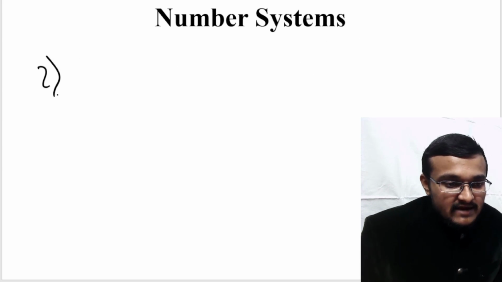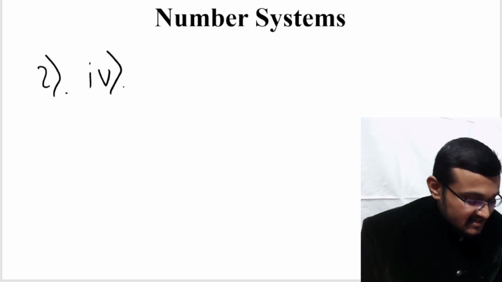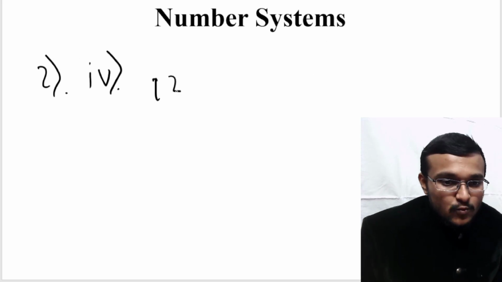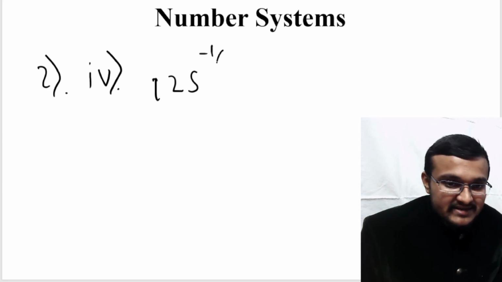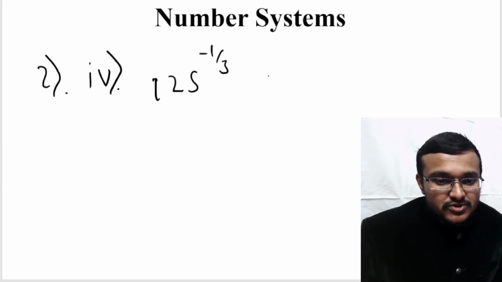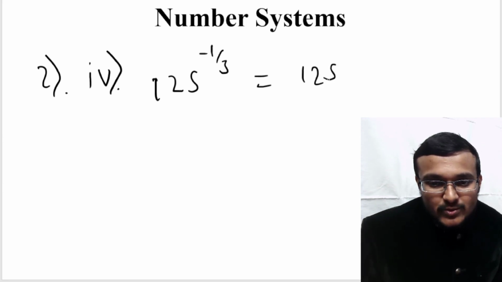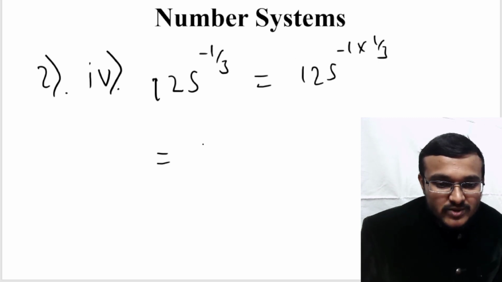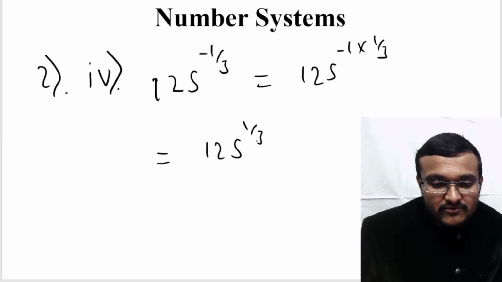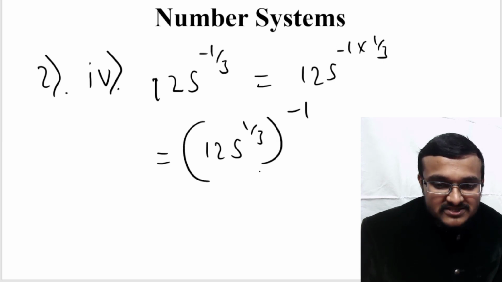Similarly, if I have to solve the fourth question in this second exercise, here you have 125 power minus 1 by 3. You can write this as 125 power minus 1 into 1 by 3. So this you can write as 125 power 1 by 3 whole power minus 1.